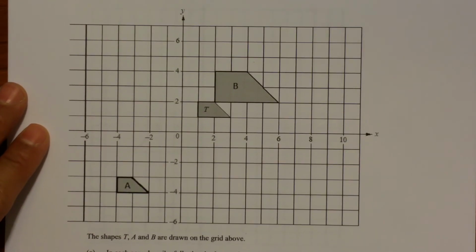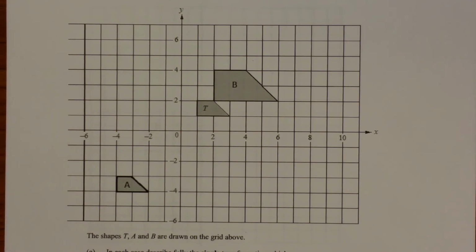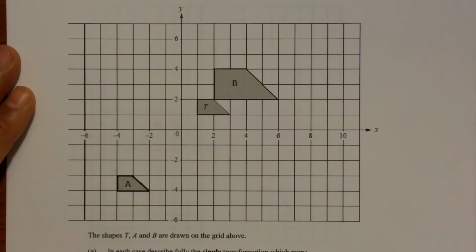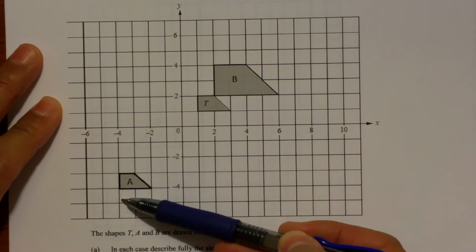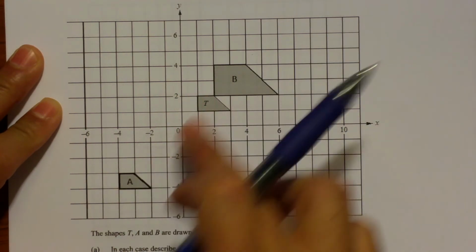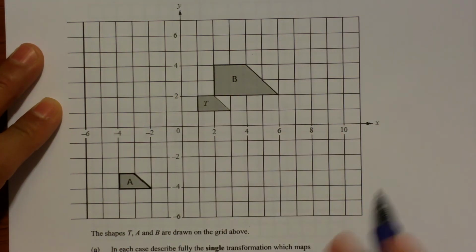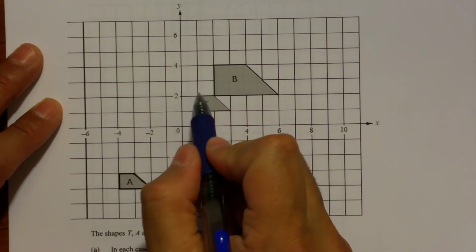Now this one right here actually has a whole bunch of questions. It says shapes T, A, and B are drawn on the grid above. In each case, describe fully a single transformation which maps them. Now T onto A. So T to A. Going from here to here, this is a translation. Okay, so it's translated from, let's see, left.